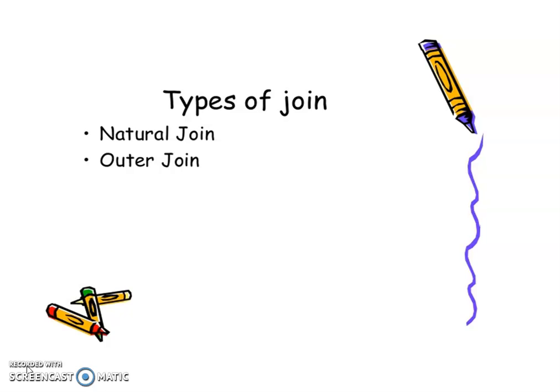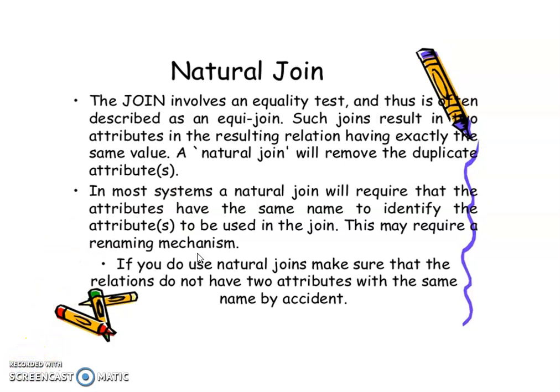Next we discuss types of join. There are two types of join, that is natural join and outer join. So what happens in natural join? The join involves an equality test and thus is often described as an equijoin. Such joins result in two attributes in the resulting relation having exactly the same value. It means that a natural join will remove the duplicated attributes.